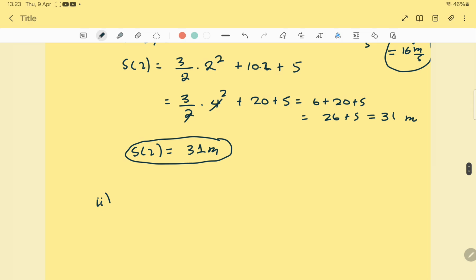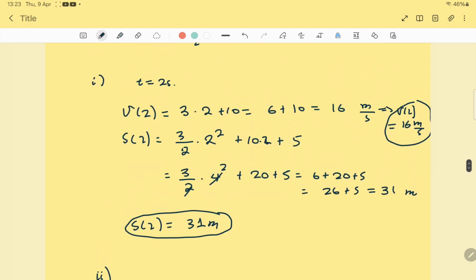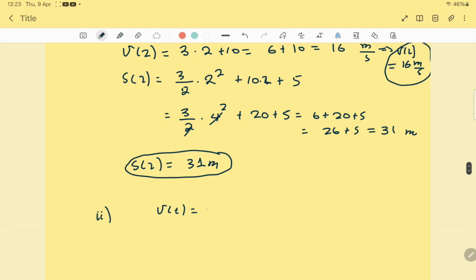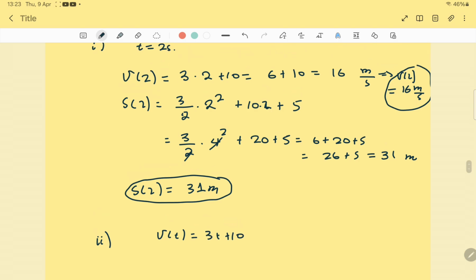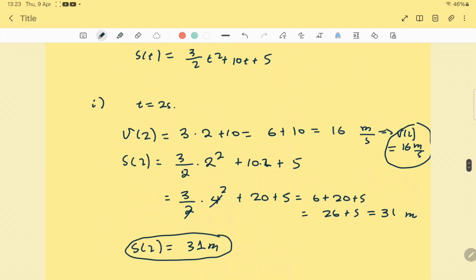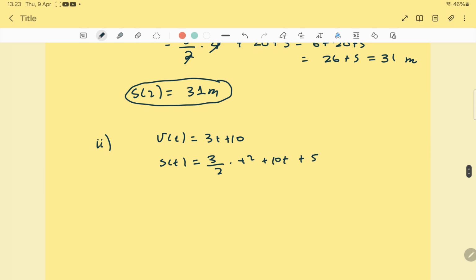Now let's evaluate for t equals 5. We have v of t equals 3t plus 10, and s of t equals 3/2 times t squared plus 10t plus 5.